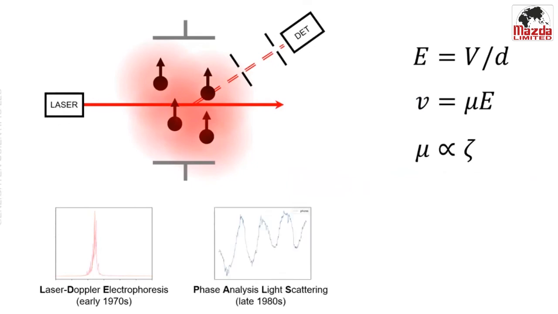Another method is phase analysis light scattering, PALS, that I invented in the late 1980s. It uses a different way of processing the same signal. Why would you want to do this? Well, the laser Doppler method has a limitation as far as how much electrolyte you can have present in your sample.